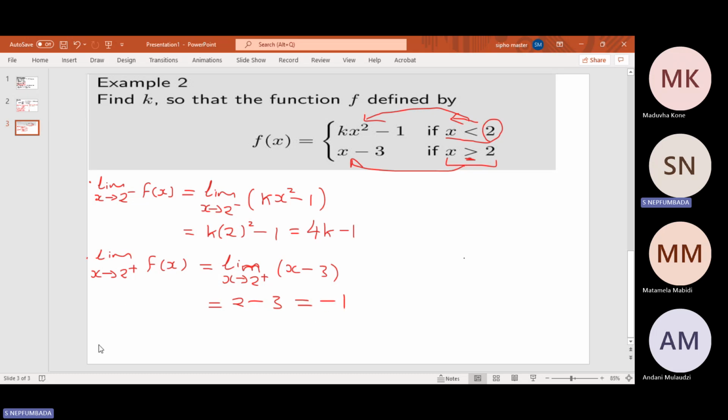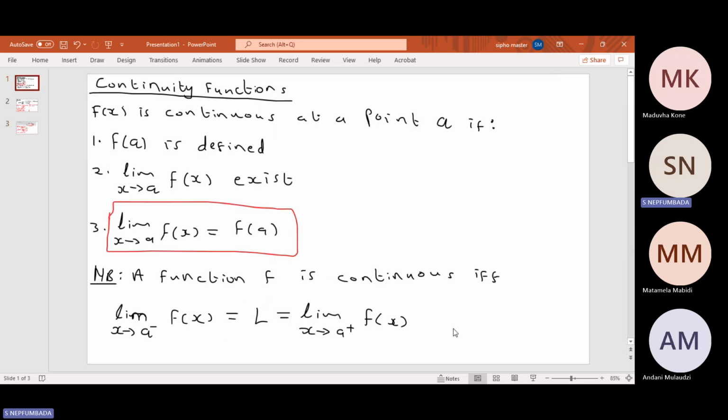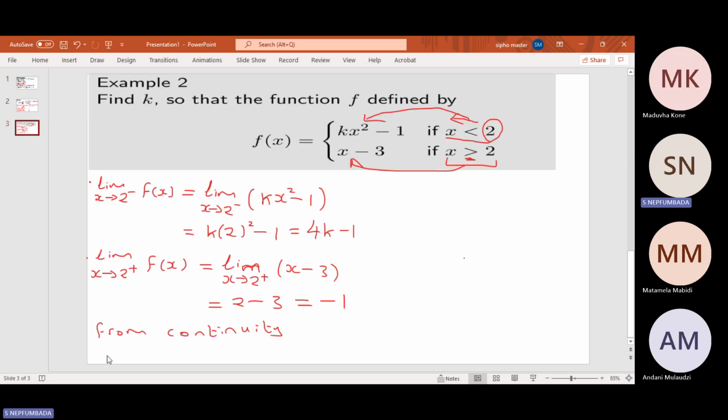So from continuity, what do we know? The left-hand side limit is equal to the right-hand side limit. Is that so?